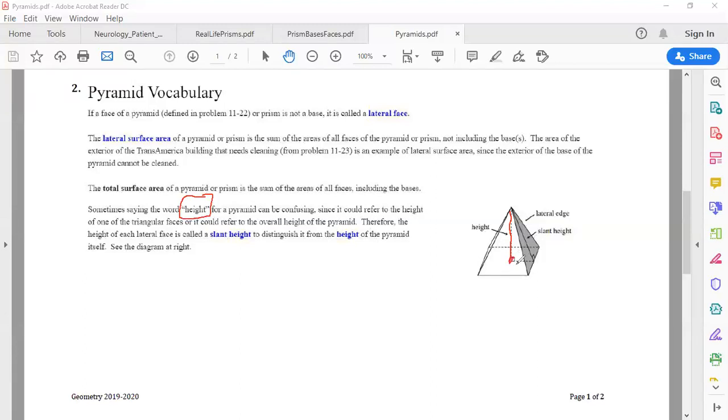Now, if we want to calculate the actual area of a side, that's this little slanty side triangle right there, right? And how do we calculate the area of a triangle?